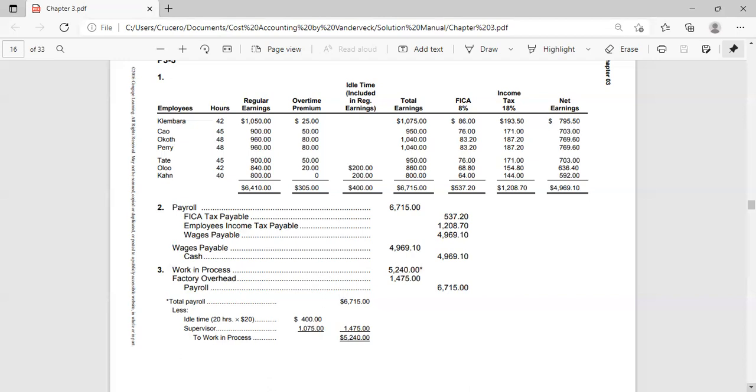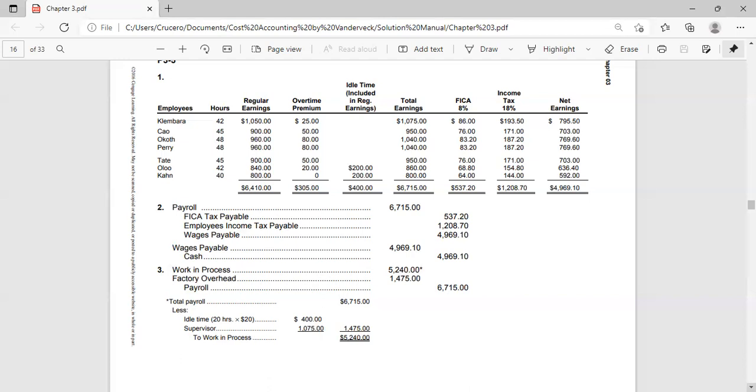795.50. Now in requirement number 2, we are going to prepare the journal entries to record and pay the payrolls. We now debit payroll 6,715 for the total earnings. Credit FICA tax payable, employees income tax payable, and wages payable 4,969.10.